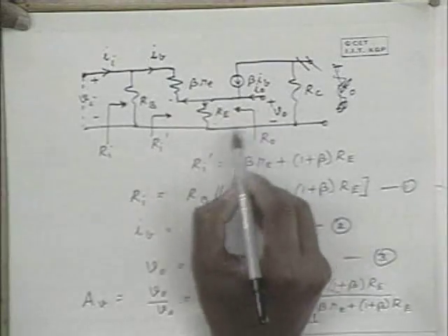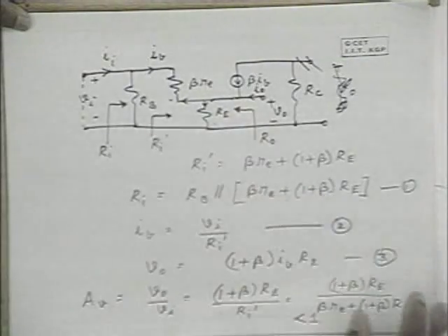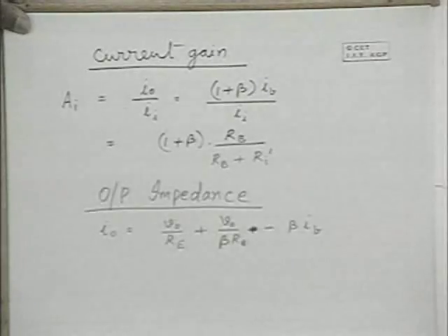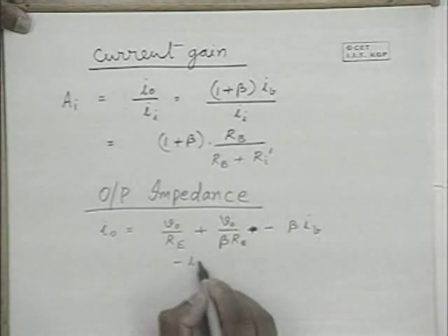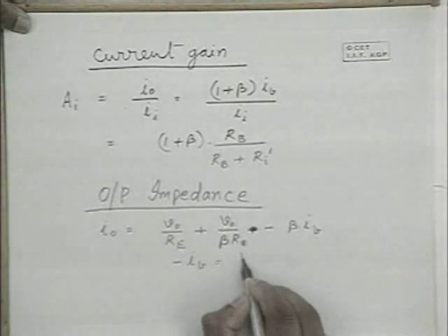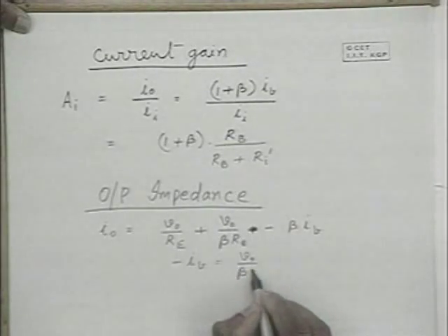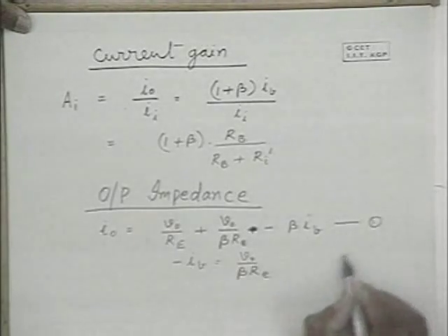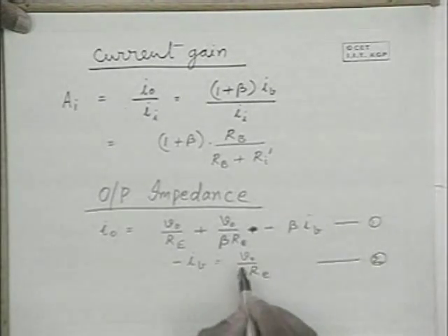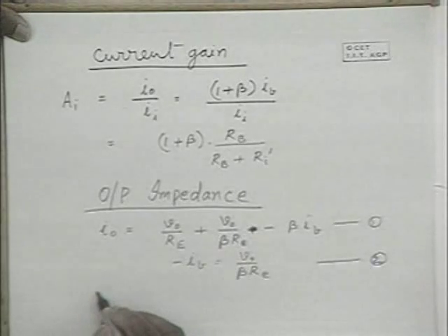Now, please note that this current is V0 divided by beta RE, and that is equal to minus IB. So let us use another equation. Minus IB is V0 by beta RE. So this is another equation. Now substitute this equation here.